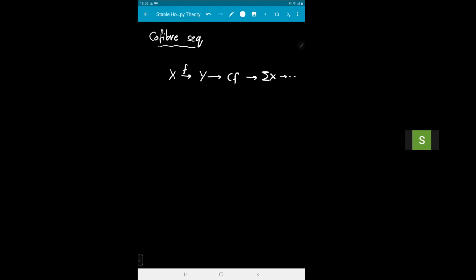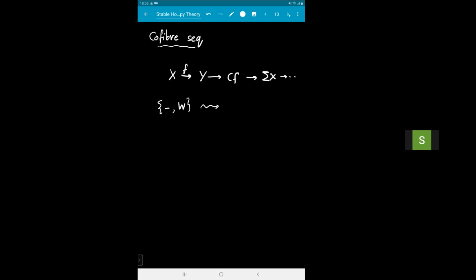Okay, and we have seen that in spaces if I apply homotopy classes of maps into W, this gives actually a long exact sequence of pointed sets when you are looking at spaces.